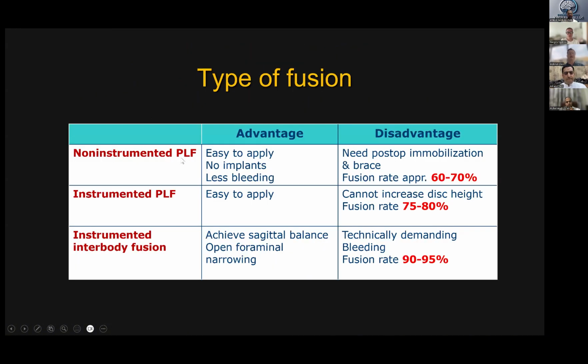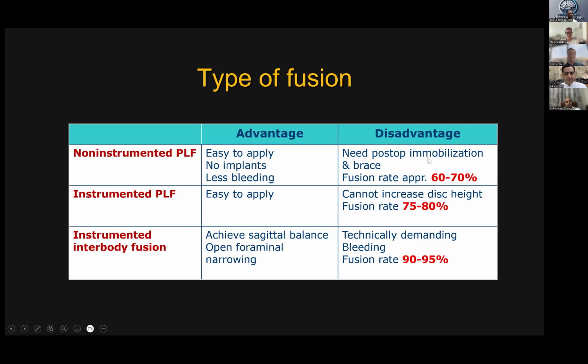If you look at the advantages and disadvantages, non-instrumented posterolateral fusion is easy to apply, no implants, less bleeding. Instrumented fusion is easy to apply. The instrumented interbody fusion achieves sagittal balance, often foraminal enlargement by height increase of the disc space.